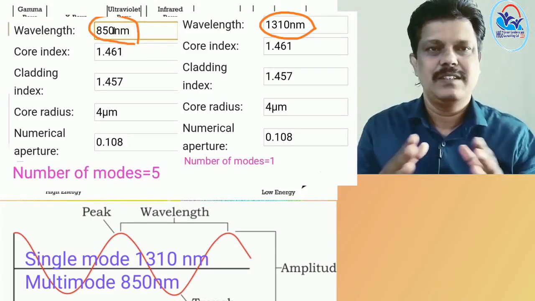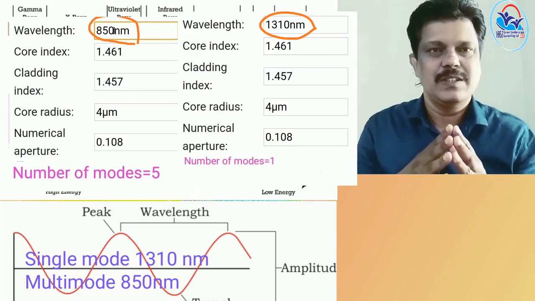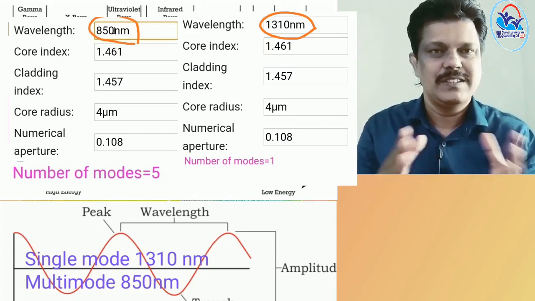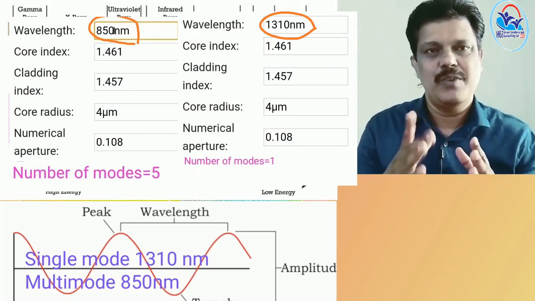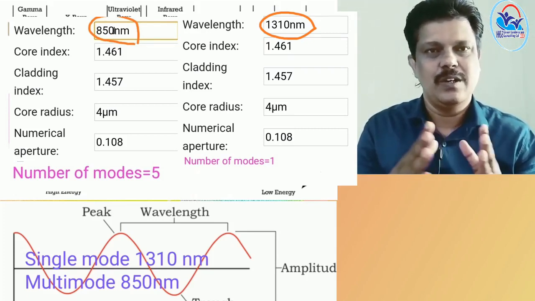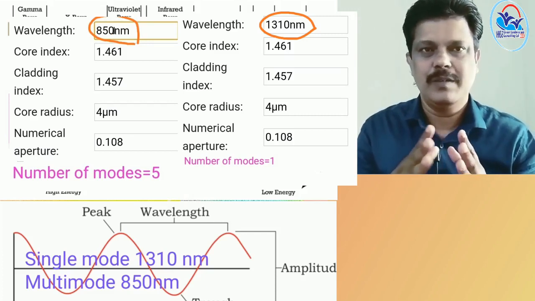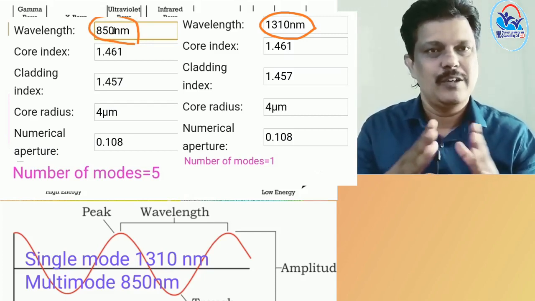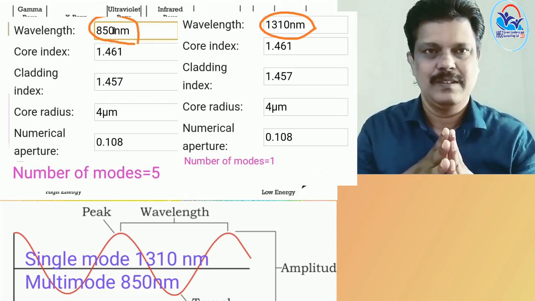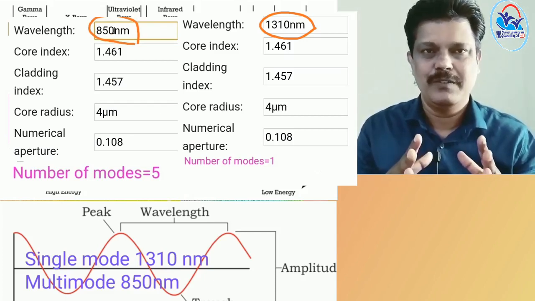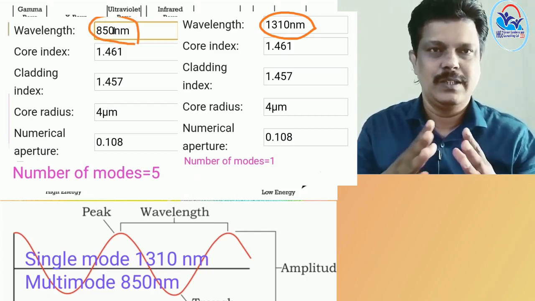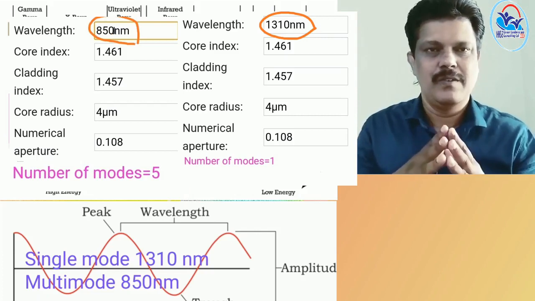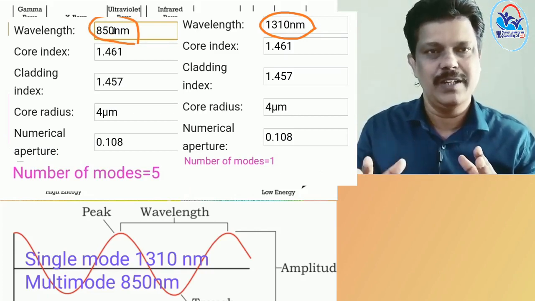Once the wavelength reaches 1310 nanometer, you can see that the optical fiber core contains only one mode, which is called the fundamental mode, the LP01 mode. Definitely that is a single mode fiber. So in order to decrease the number of modes, we have to increase the wavelength.